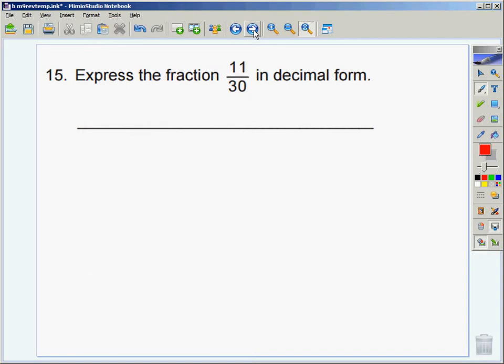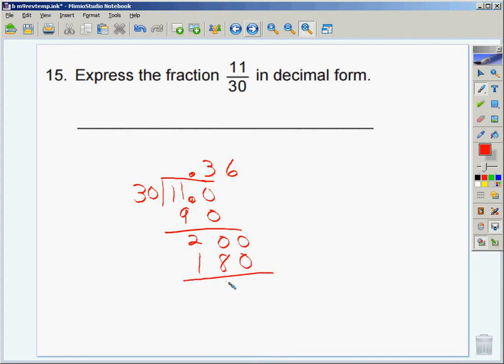Express the fraction in decimal form. This is done the same way. We're going to take 11 and divide it by 30. This goes into it 3 times, which would be 90. 30 goes into this 6 times, which would be 180.